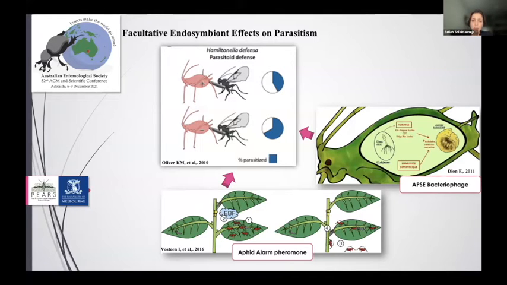Also Hamiltonella affects the aphid alarm pheromone, EBF, and reduces it. The alarm pheromone causes the aphid to move away from the danger. On the other hand, it is like a kairomone, so it affects the parasitoid and attracts them.